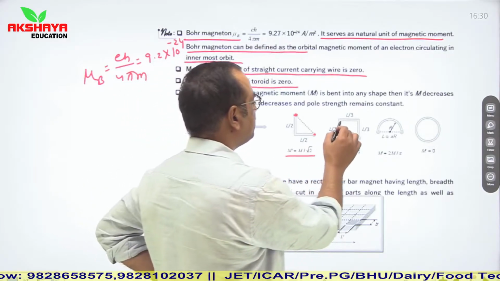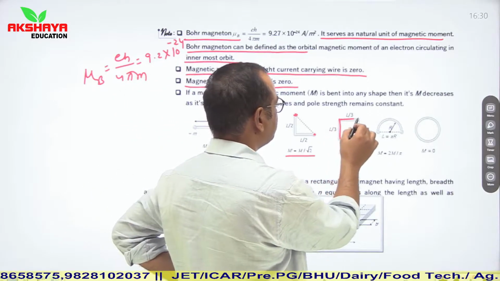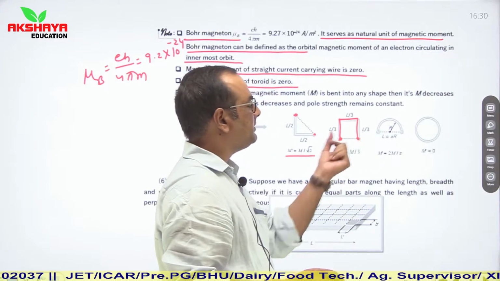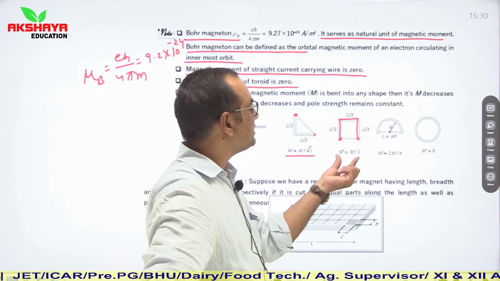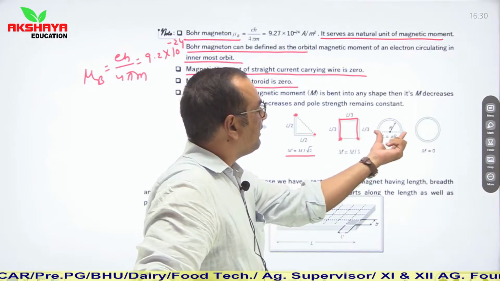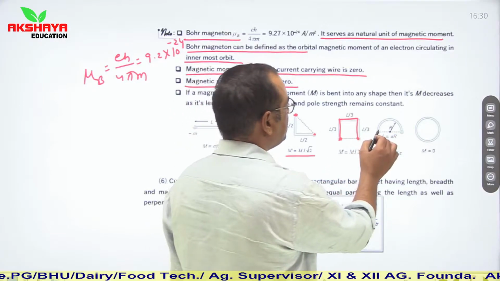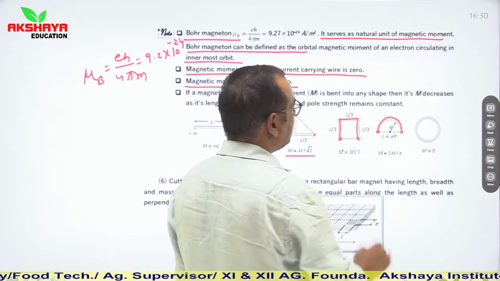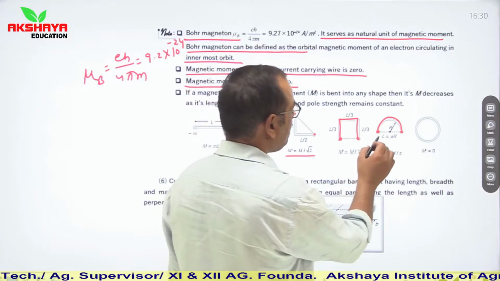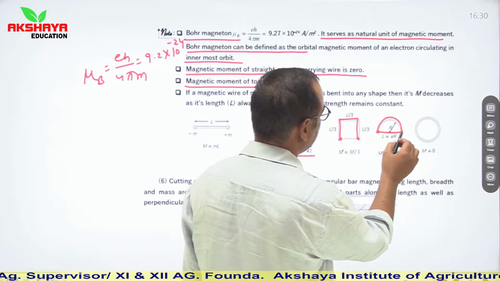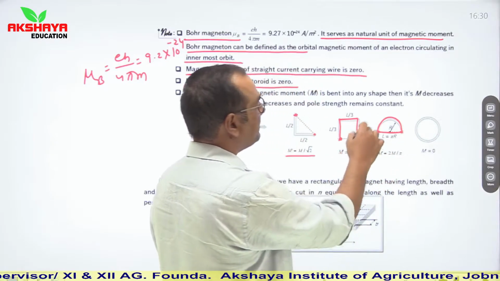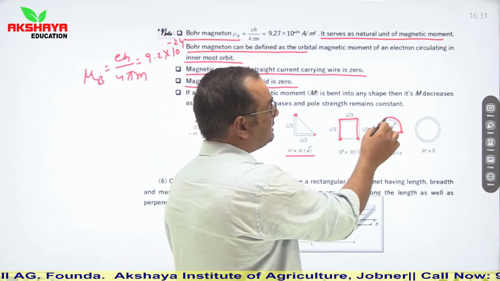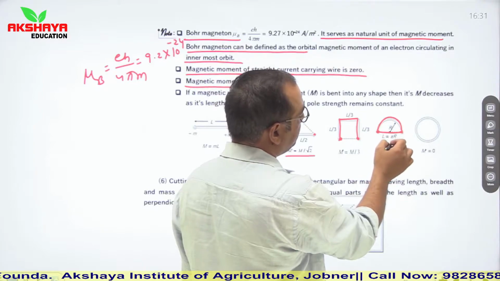If it is bent into a U shape, then in this case the effective length is L by 3, so the magnetic moment is M upon 3. In the third case it is bent in a semicircular form. Here the effective length is 2r, and our complete length L is bent in the form of a semicircumference, which is equal to pi r.